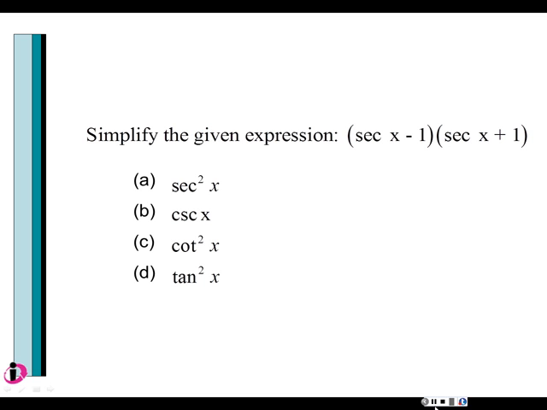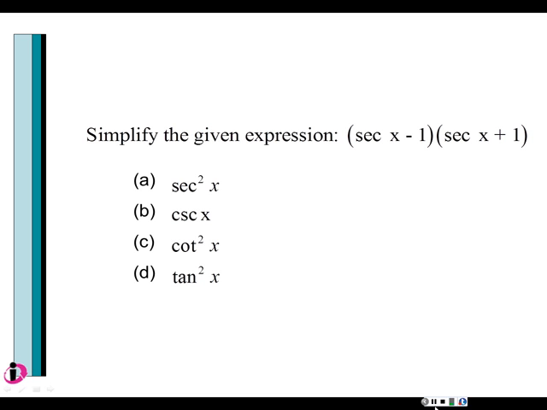Now from here, you can always adjust the identity and get another one. Let me write it this way. You can always write tan square x equals sec square x minus 1, right? So you already know it from the identity.